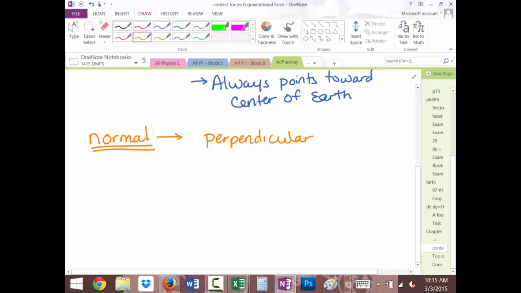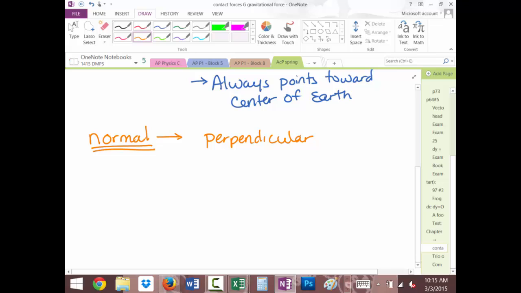Have you heard that before? Okay, if you haven't, now I'm teaching you. It's a good thing you came to school today, right? All of these things to learn. The word normal means perpendicular. Like this. 90-degree angle.